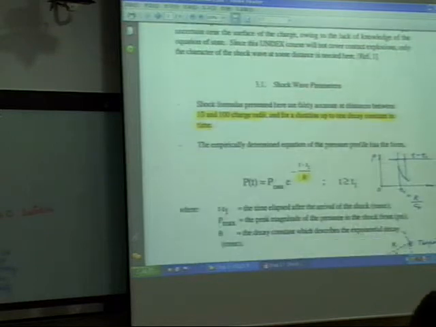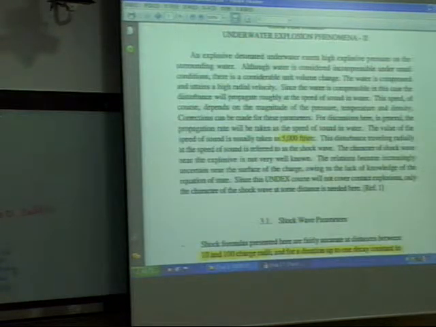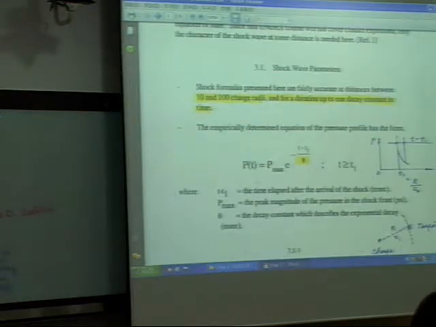Now I want you to read all this. In this chapter are all the empirical equations that you need for shock calculations by hand, okay? For a complex problem, of course, you can't do it by hand.